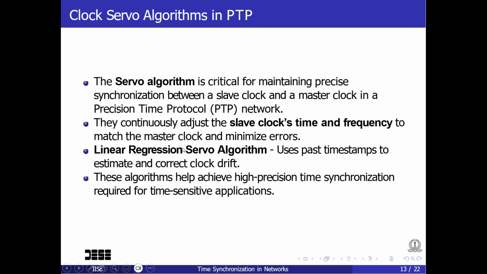Usually this servo algorithm is implemented in the control plane, but that results in very high overhead. So we have implemented this algorithm in the data plane, and it results in very accurate values.